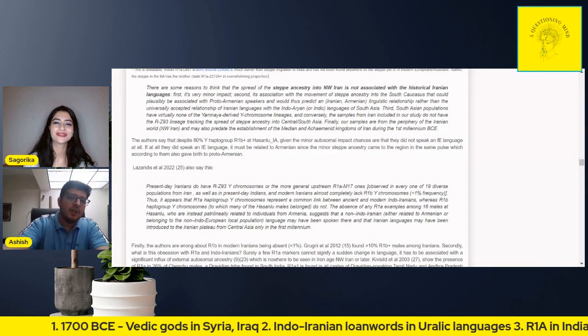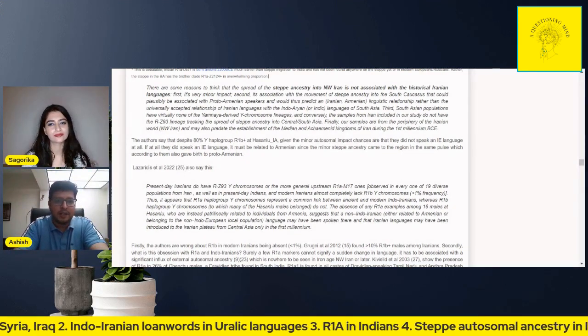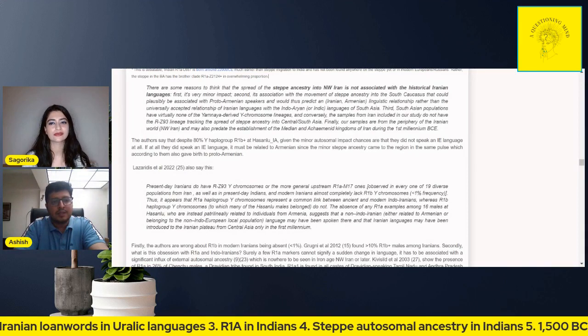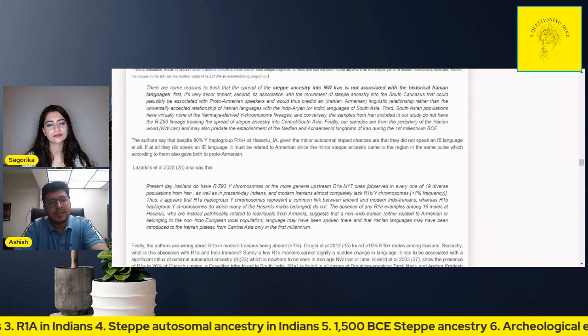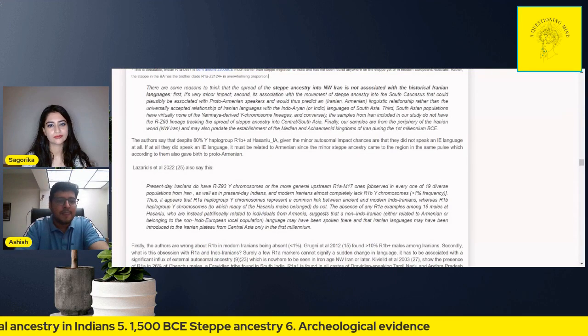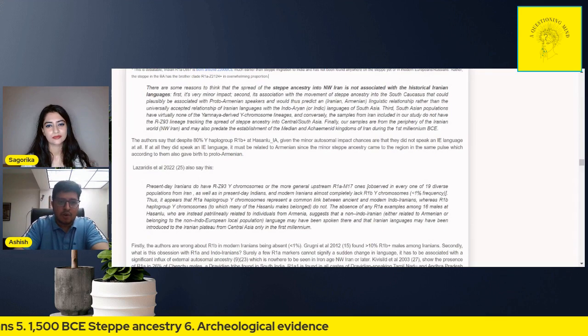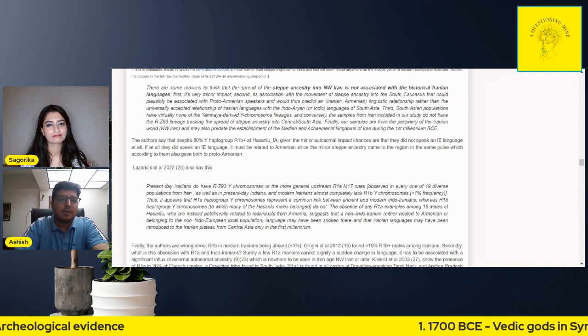Plus there are a lot of examples. For example, Latvia and Lithuania are Baltic language speaking countries. So that's an Indo-European language. But they have 25, 30, 35% Y haplogroup N frequency in their males. Now, Y haplogroup N is a strong marker of Uralic languages, but they don't speak Uralic languages, right?